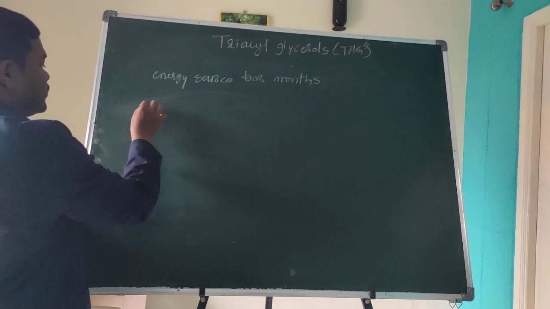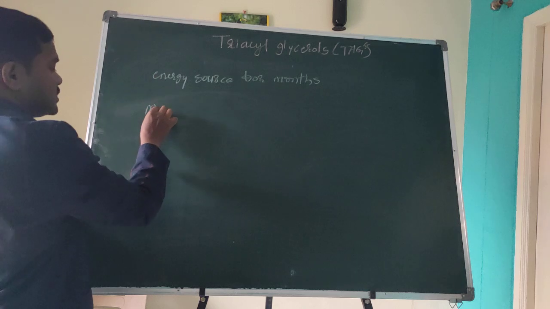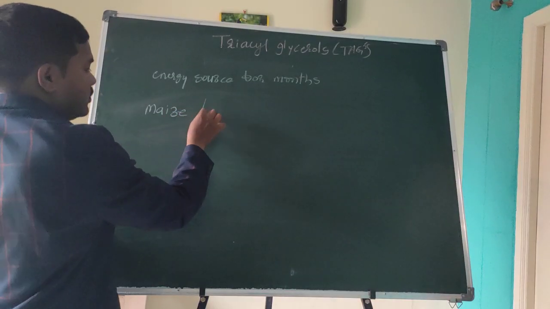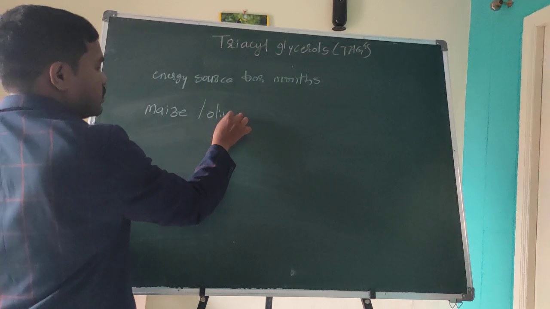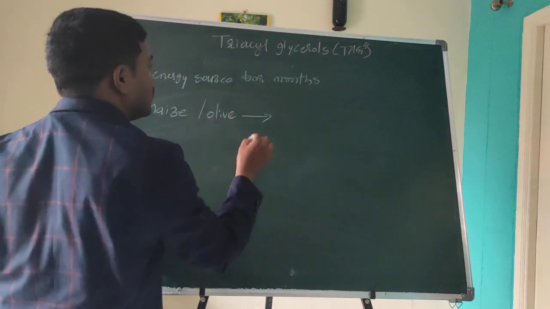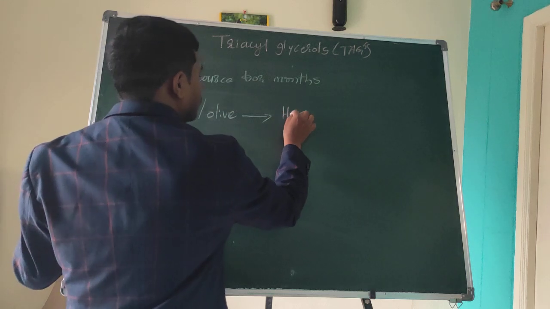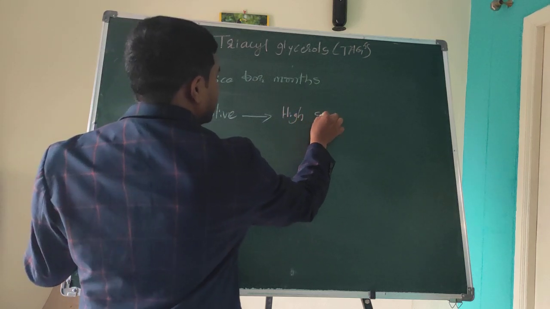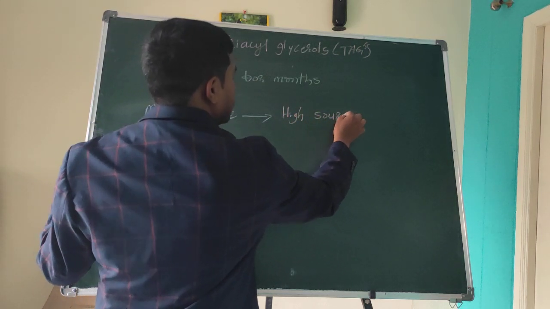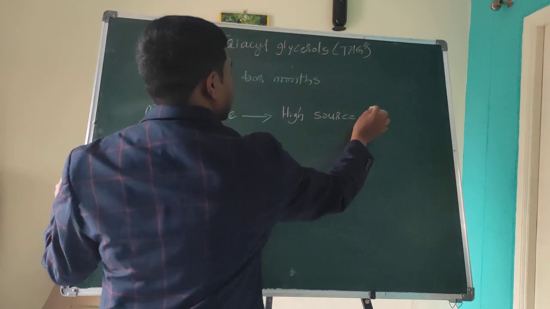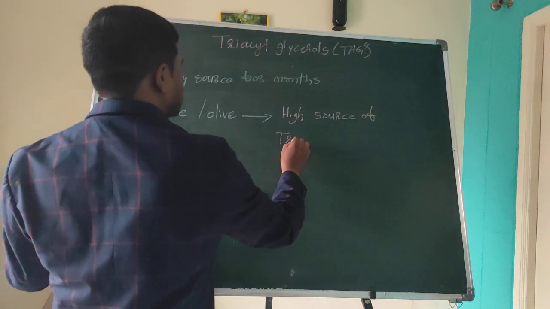Plants like maize and olive oils are high sources of triacylglycerols.